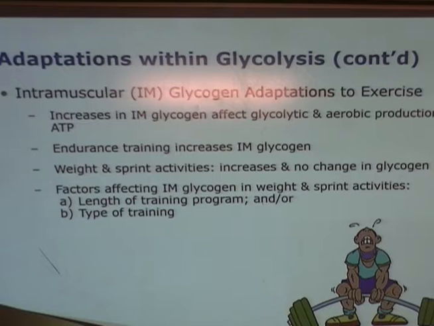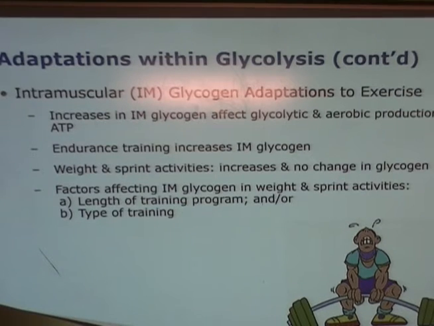So we said to get more ATP out of the system, we have to see 1, glycolytic enzyme changes, 2, substrate changes. So what adaptations do we see to glycogen storage when we train system 2?